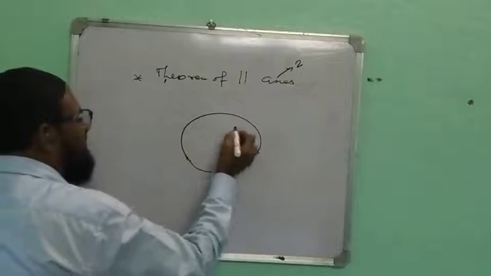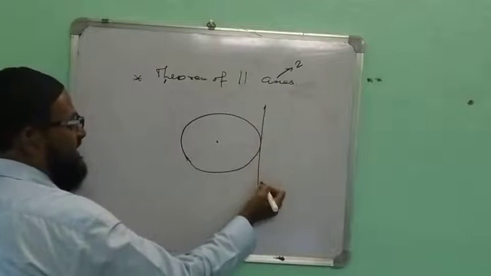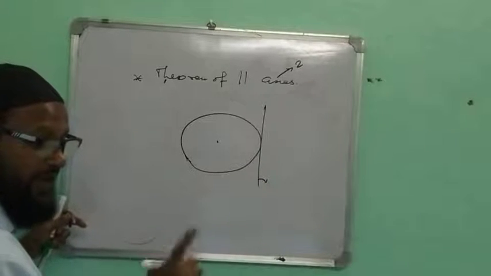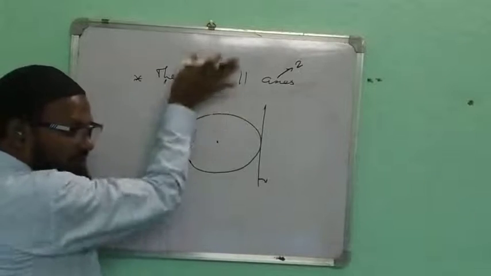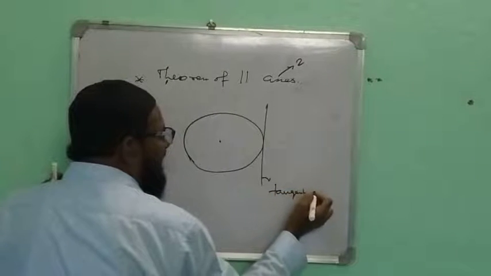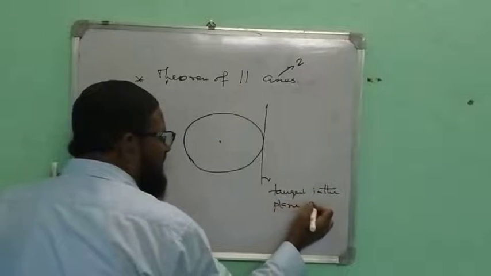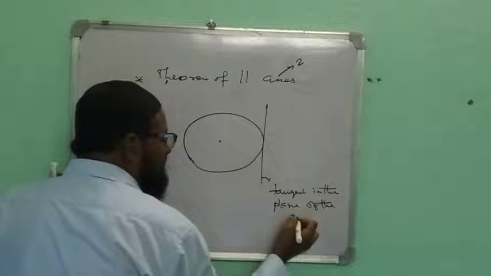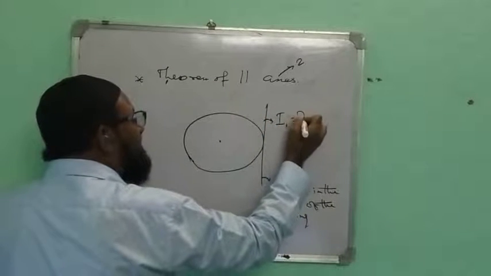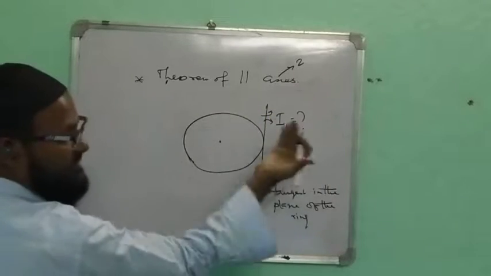Now I have drawn this figure again. This is the tangent. This is the tangent in the plane of the ring, the vertical plane. With respect to this axis, the ring is moving like this. Please try to understand.